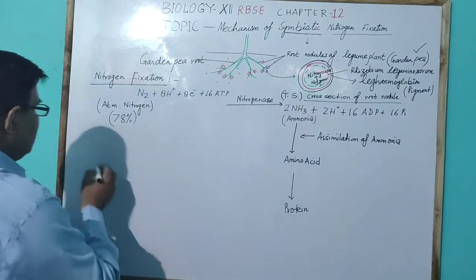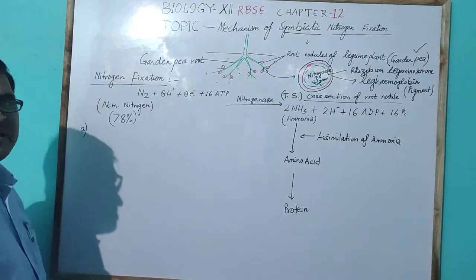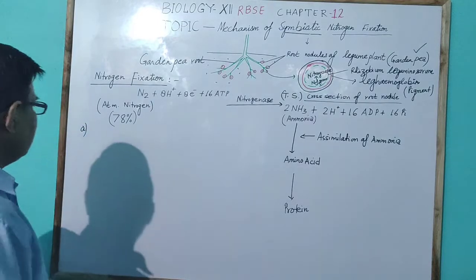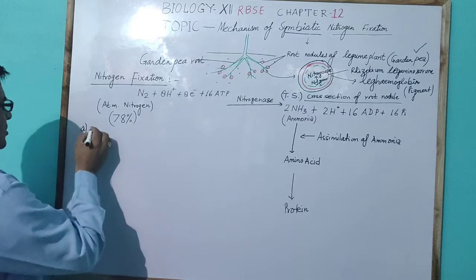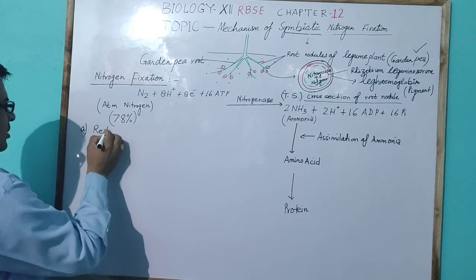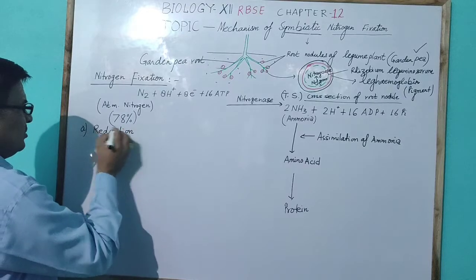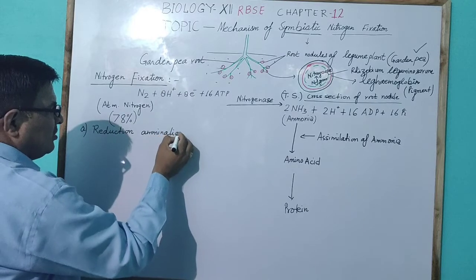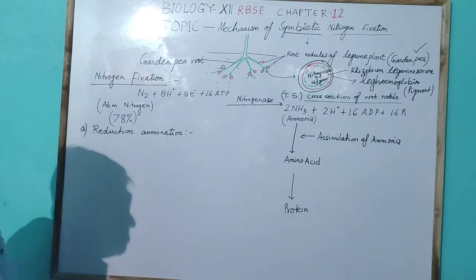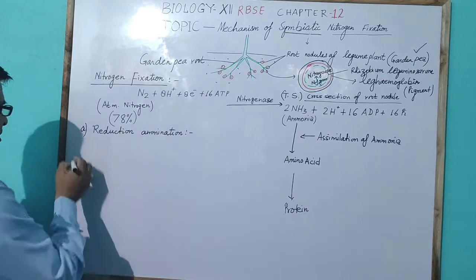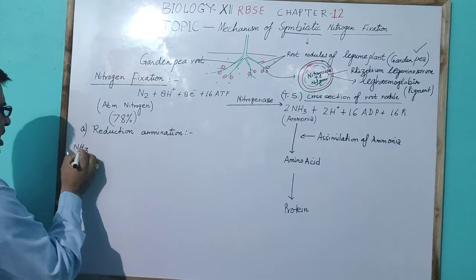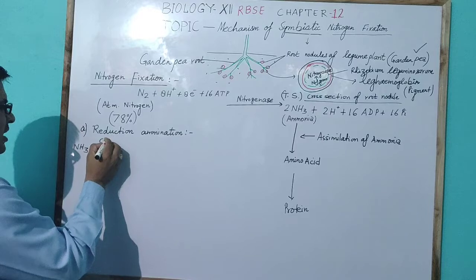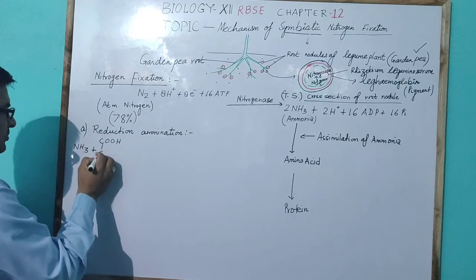The first method is called reductive amination. In reductive amination, ammonia, which has the formula NH3, combines with an acid, alpha ketoglutarate acid.